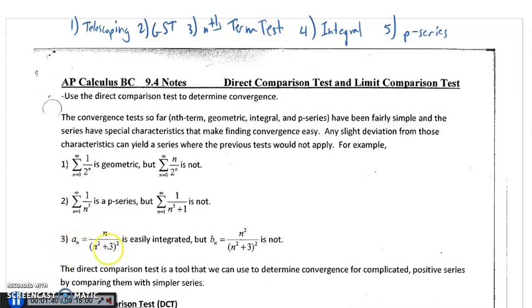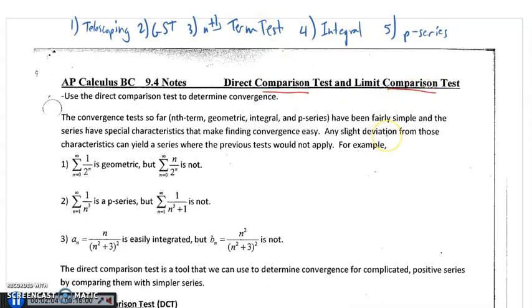Here's a positive, continuous, and decreasing function that we can easily integrate using u substitution. U equals x squared plus 3. But now that we changed this to an n squared on the top, we can't integrate that easily. But they sure do look very similar. So if only we could have some way of comparing, oh, wait a second. Comparing the comparison tests.